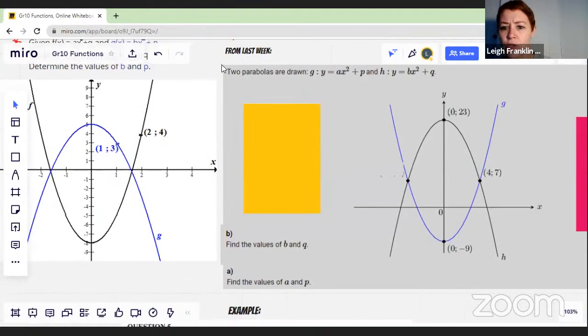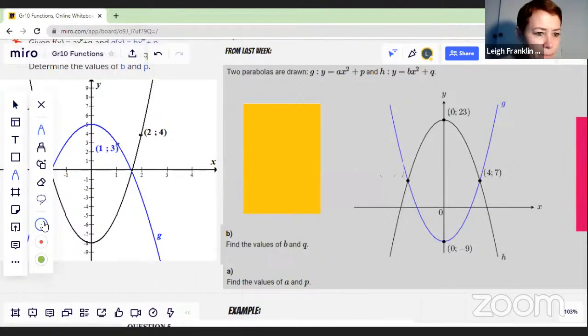From last week, do you recall that what we were trying to do was find the equation of the function? So this function over here, don't worry about the way in which this is written.